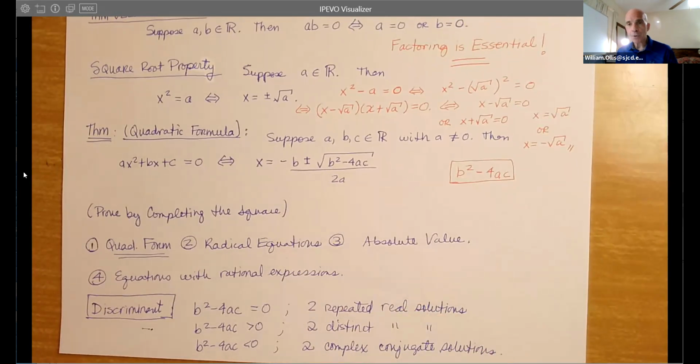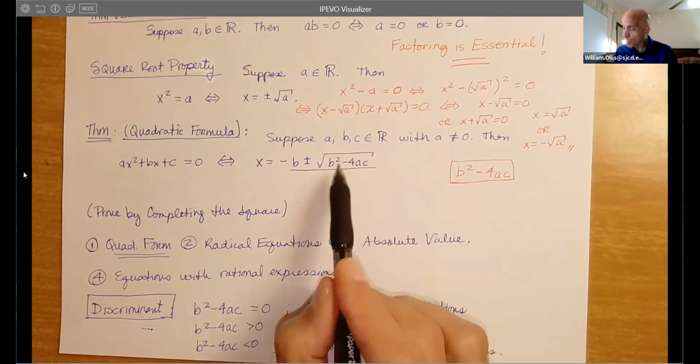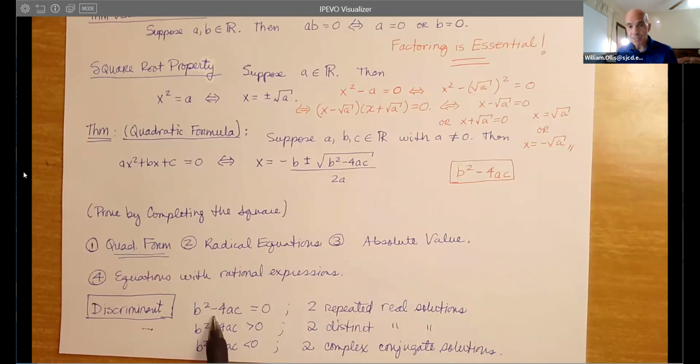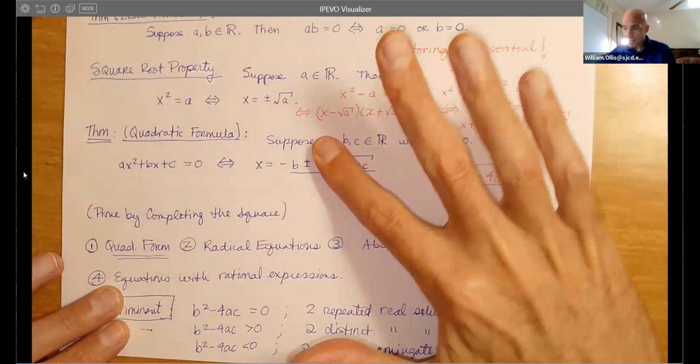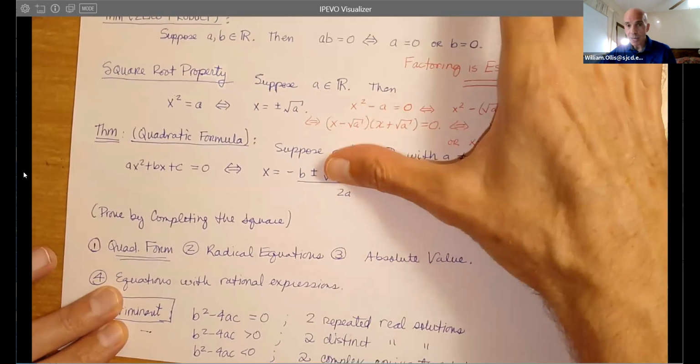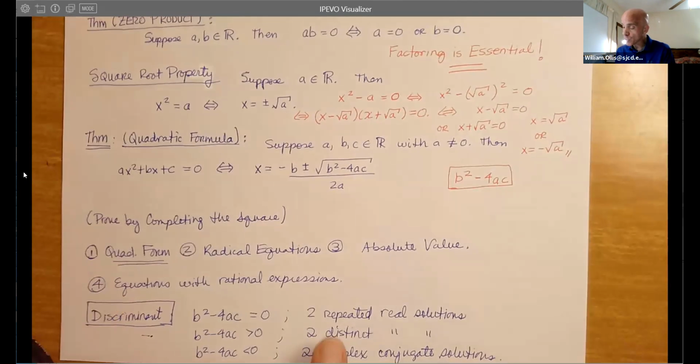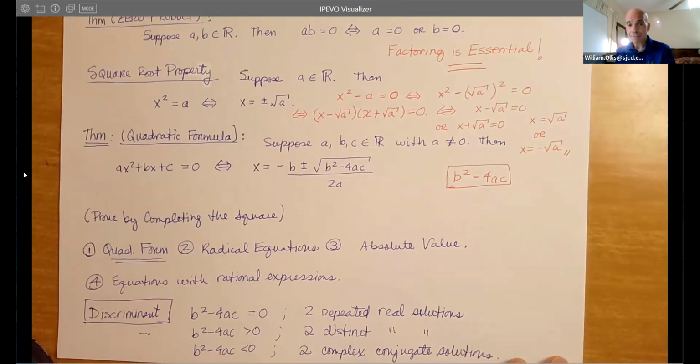So you remember that the discriminant tells you what types of solutions you're going to have. For instance, when we think of taking the square root of a real number, the discriminant could be 0. And if that were to happen, then this part of the problem goes away and we just have minus b over 2a. So that gives us two repeated real solutions.